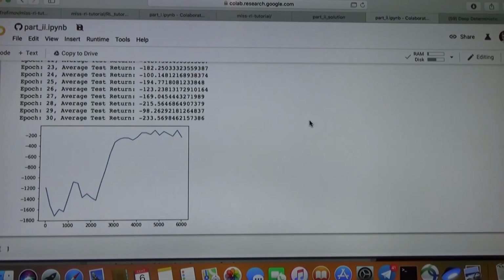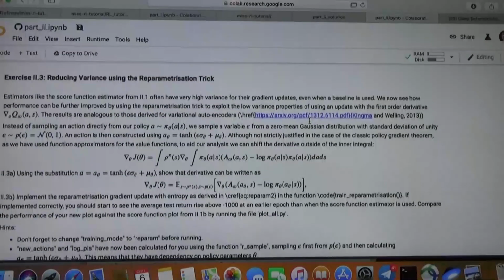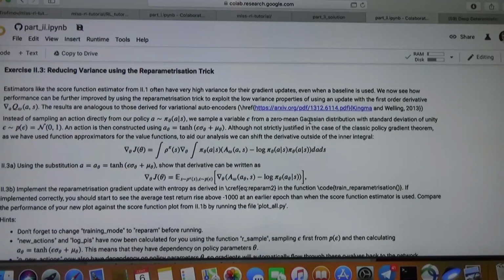Okay, guys, any questions? Which subscript? Sorry. Omega is the parameters of the advantage function.